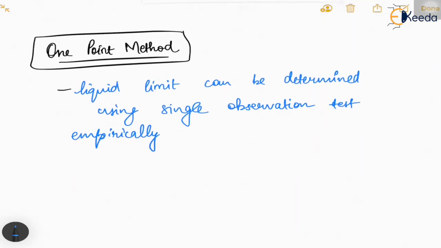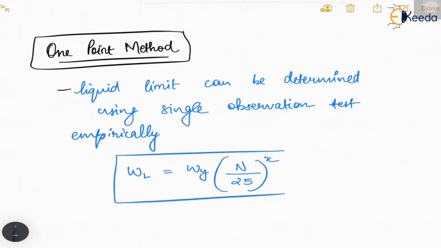So what the expression says, the liquid limit value is equal to Wn times (N/25) to the power x.